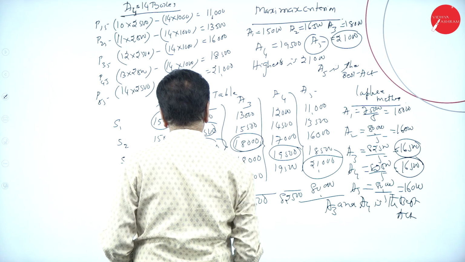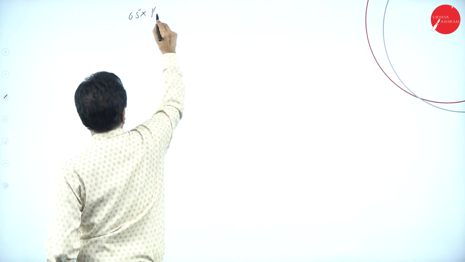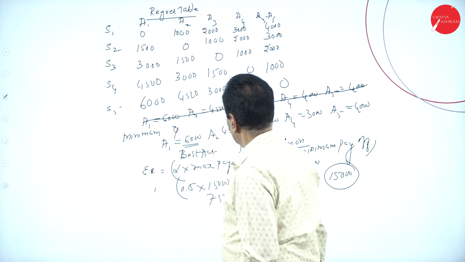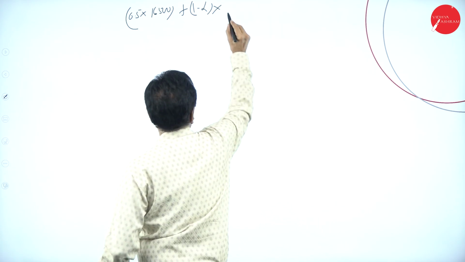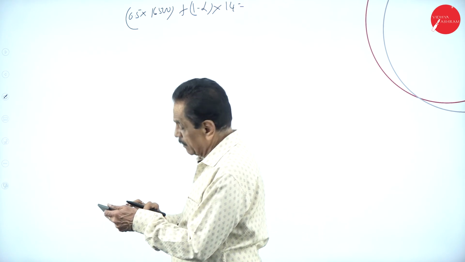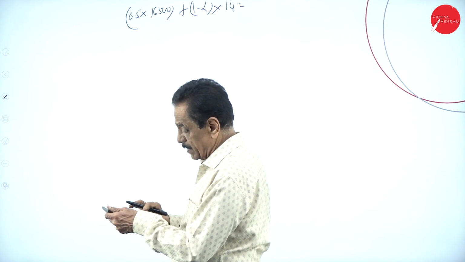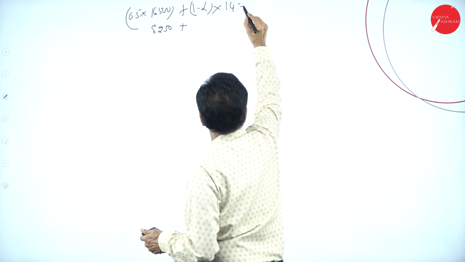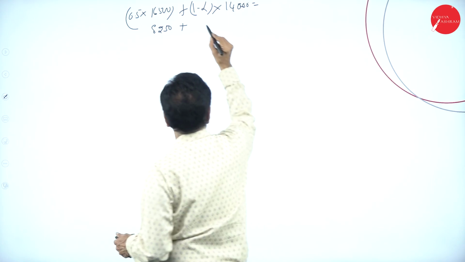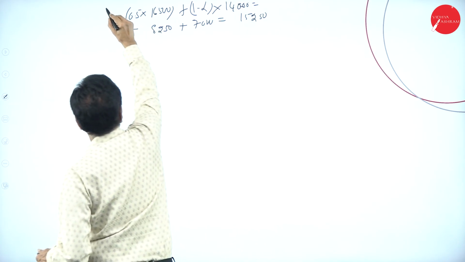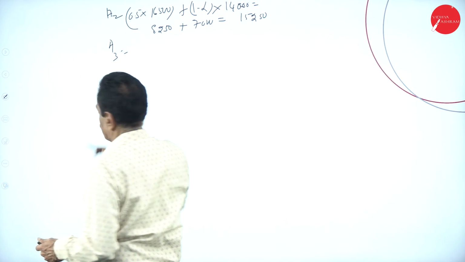So 0.5 into the highest, 16,500, plus 1 minus alpha into your minimum, 14,000. 16,500 into 0.5 is 8,250, plus 14,000 into 0.5 is 7,000. That gives 15,250. This is A2.